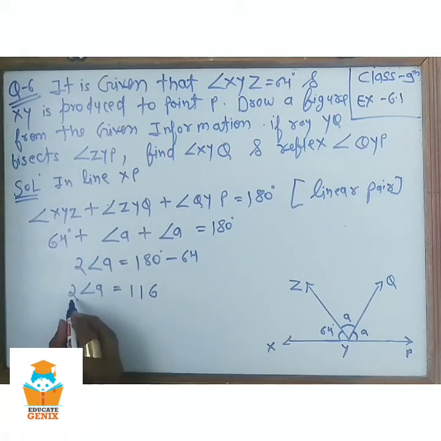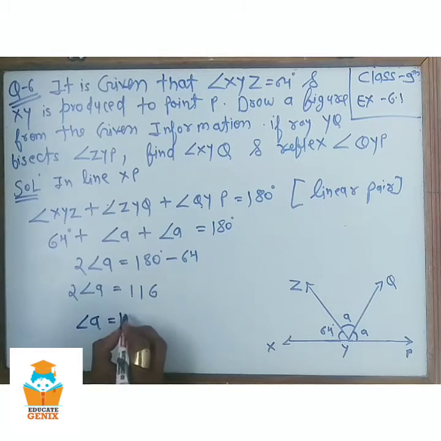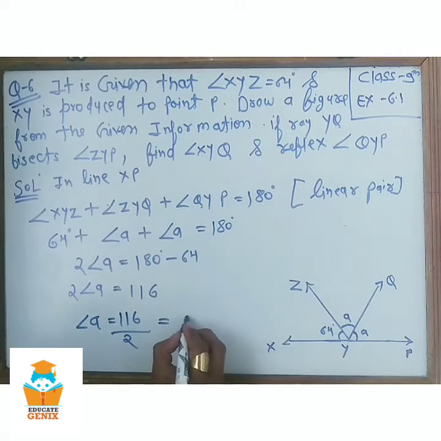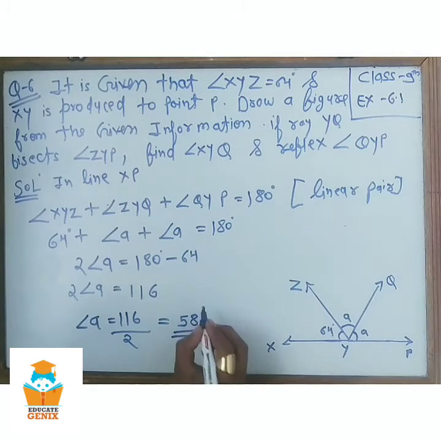Therefore, this 2 we shift downside. Angle A equals 116 divided by 2, which equals 58 degrees. So both angles A are 58 degrees.